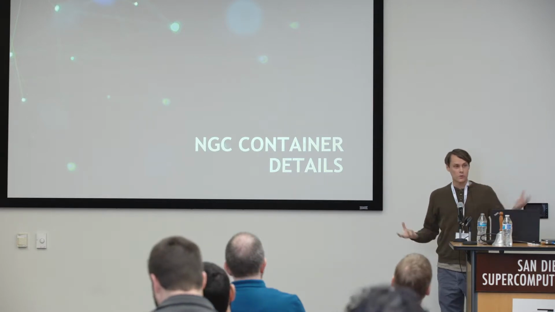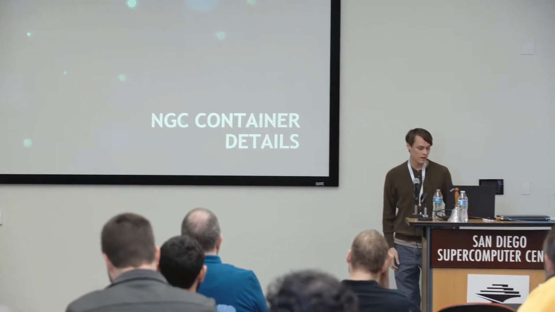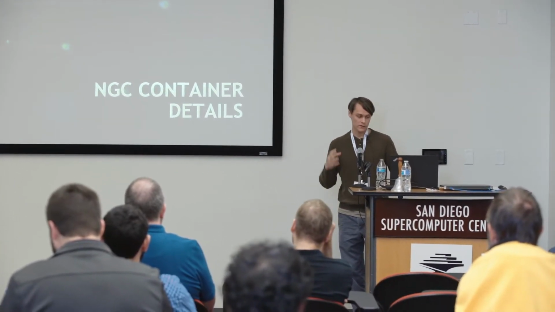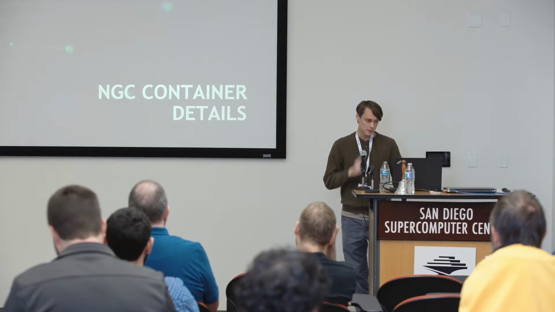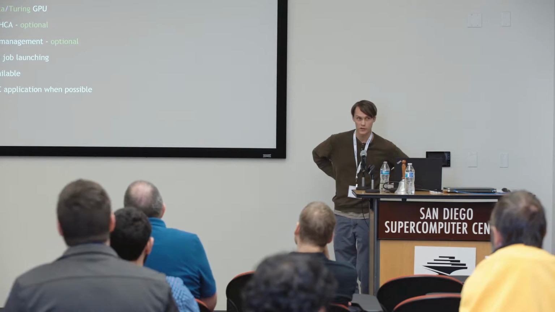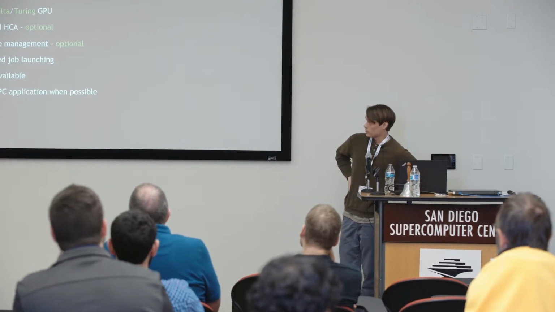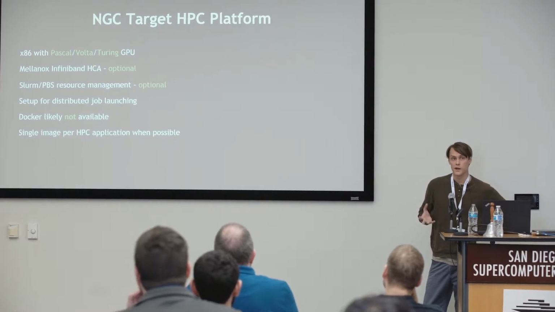Okay, so that was a real quick overview of how you should really handle GPU containers. Now I'll go into some of the additional things we do to NGC containers to try and differentiate them. So first off, what are we targeting with these containers? All our NGC containers are targeting x86, our enterprise class GPUs.